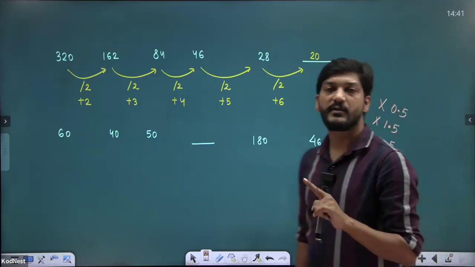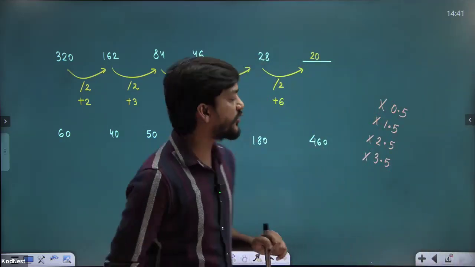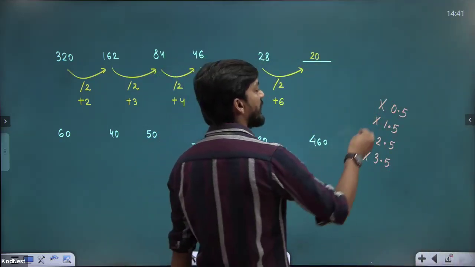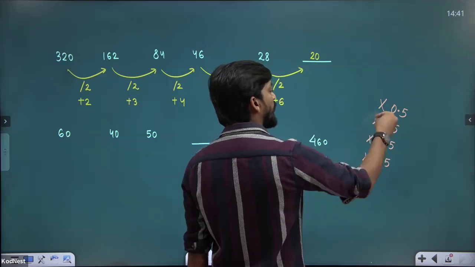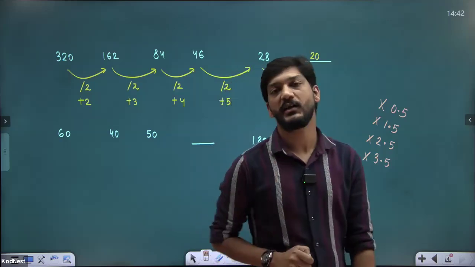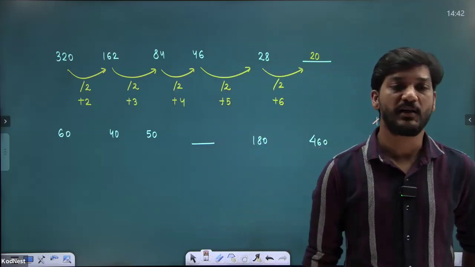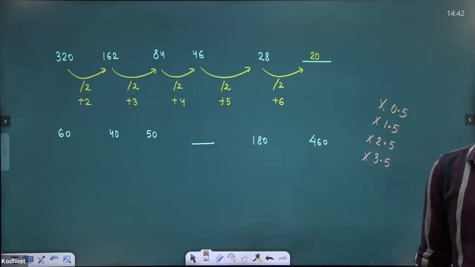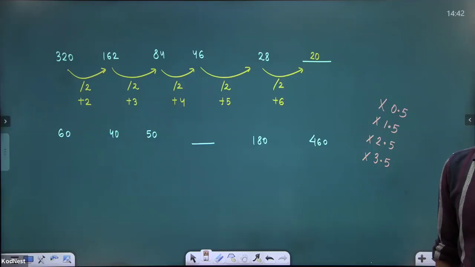Not just integers. You have to try these decimals also, and never it will be like 0.3 or 1.7. Decimals will be always this. If decimals are there, it will be always simple decimals like this. So try these, how it will work out now.